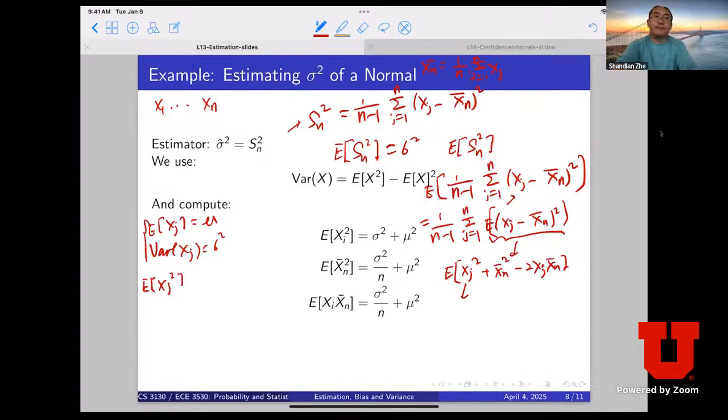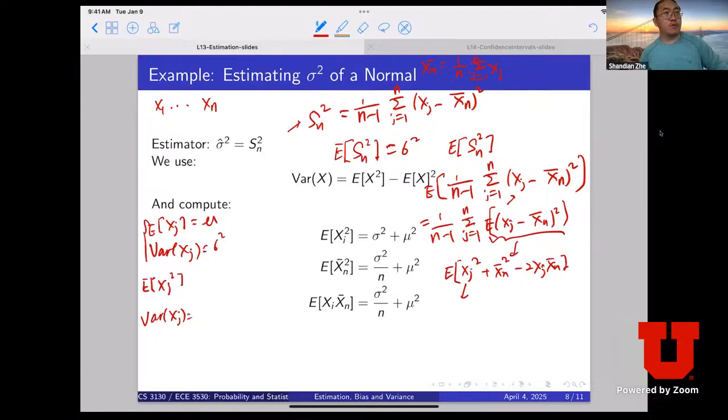To answer this question, we need to go back to the definition of variance.